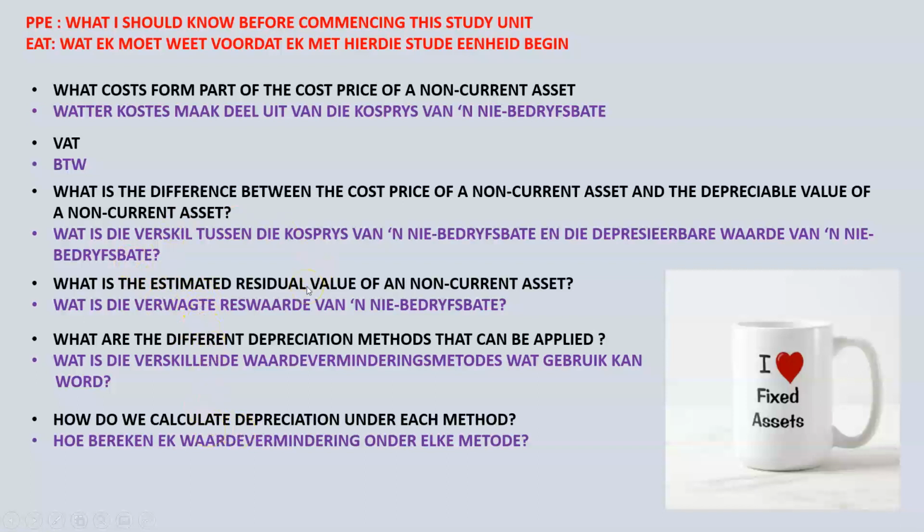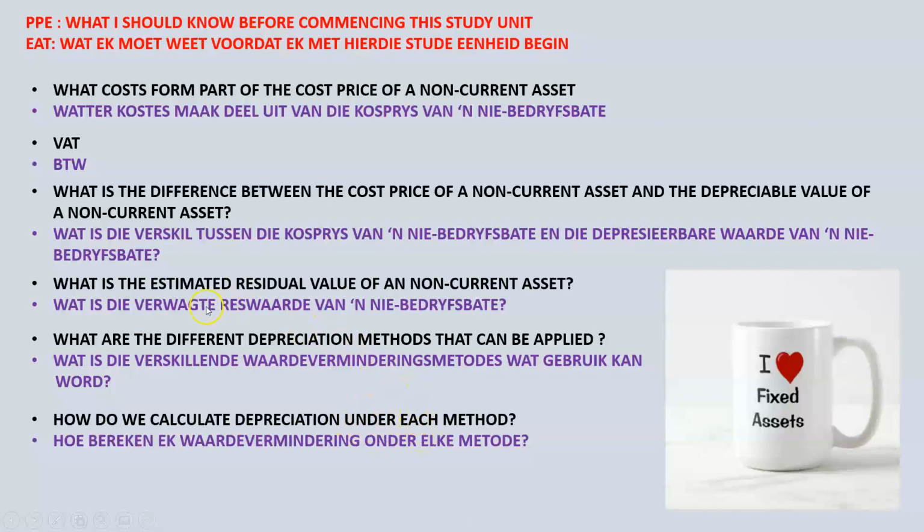If it was a machine I had acquired and the capacity of that machine is, let's assume, 10,000 units, the number of units that it can produce over its estimated lifetime, I'm going to take the depreciable value divided by the capacity of 10,000, and that will give me a price per unit. Then my depreciation charge will be that price per unit multiplied by the number of units actually manufactured in the current financial period.